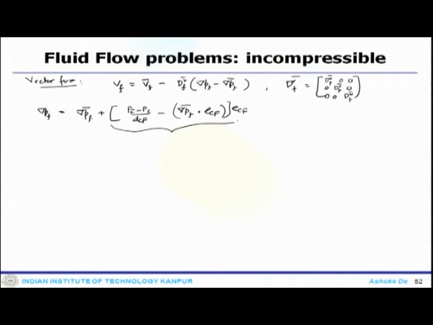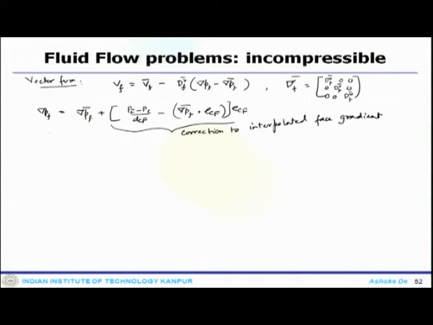So, this is the correction to the interpolated face gradient. This we have already seen while dealing with the unstructured grid system, and especially in the diffusion system we have done this calculation.